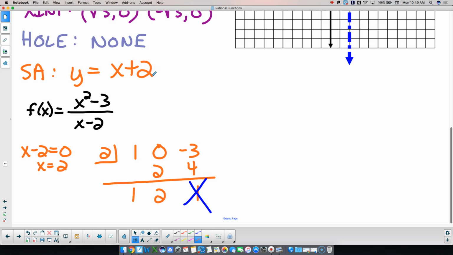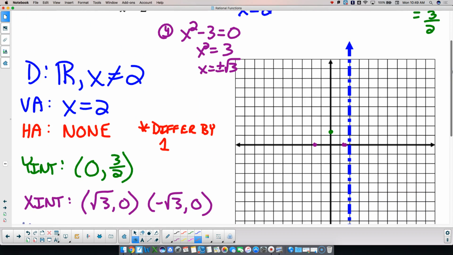Y-intercept of 2, slope of 1. So that's up 1, right 1. Okay? So I've got a y-intercept of 2 and a slope of positive 1. So up 1 and right 1, down 1 and left 1.